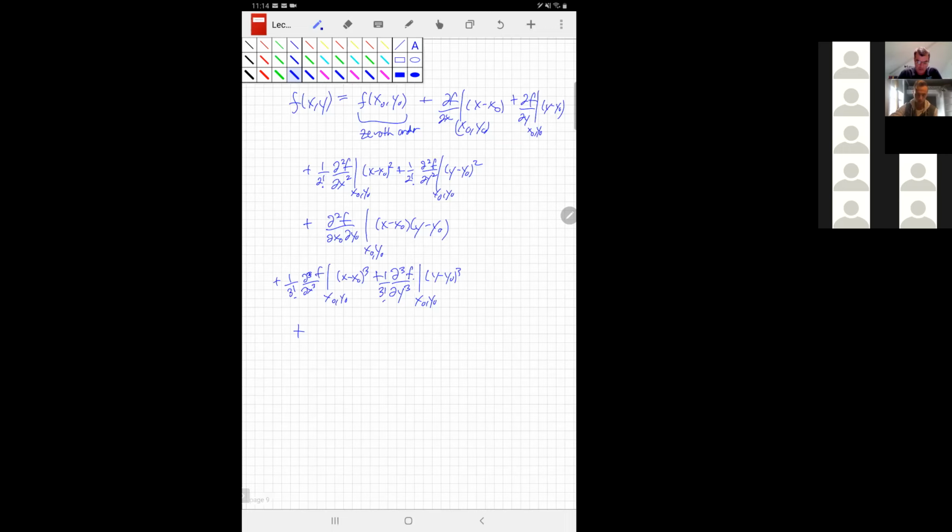Well, there are 4 ways that we could take 3 derivatives, because we could take 3 with respect to x, 3 with respect to y, or we could take 2 derivatives with respect to x and 1 with respect to y, or we could take 1 with respect to x and 2 with respect to y.